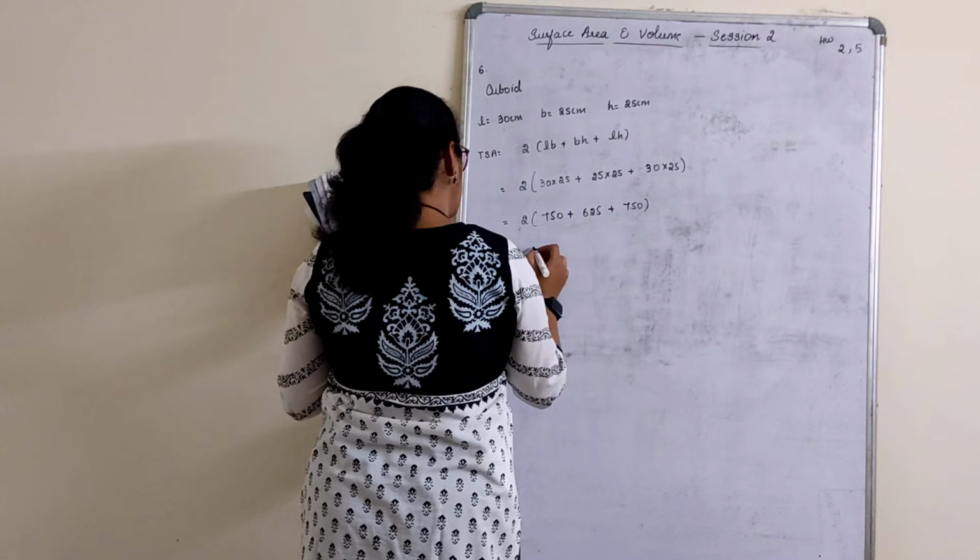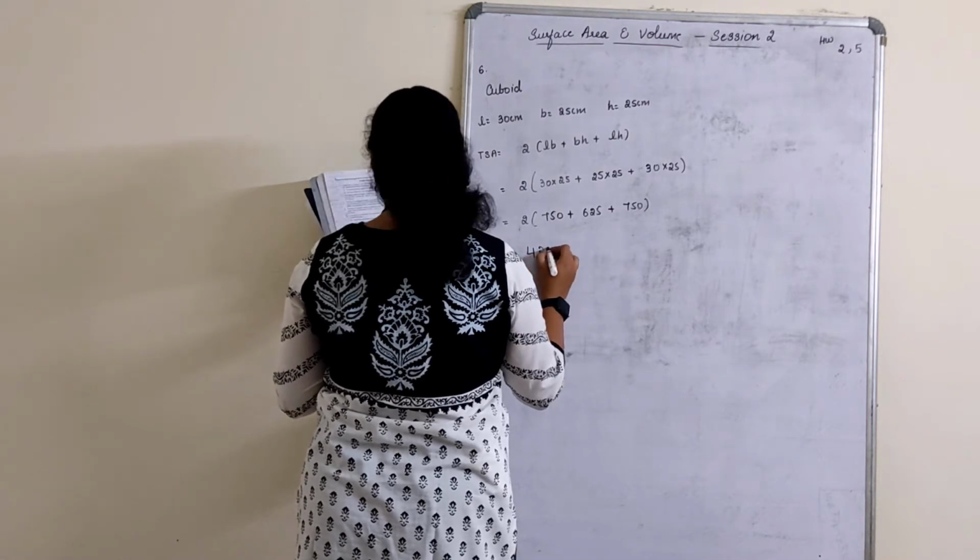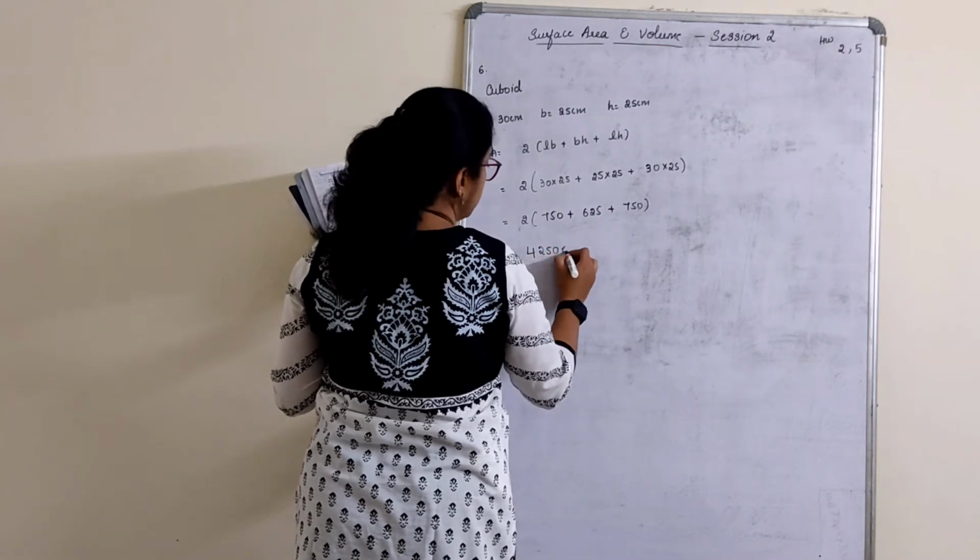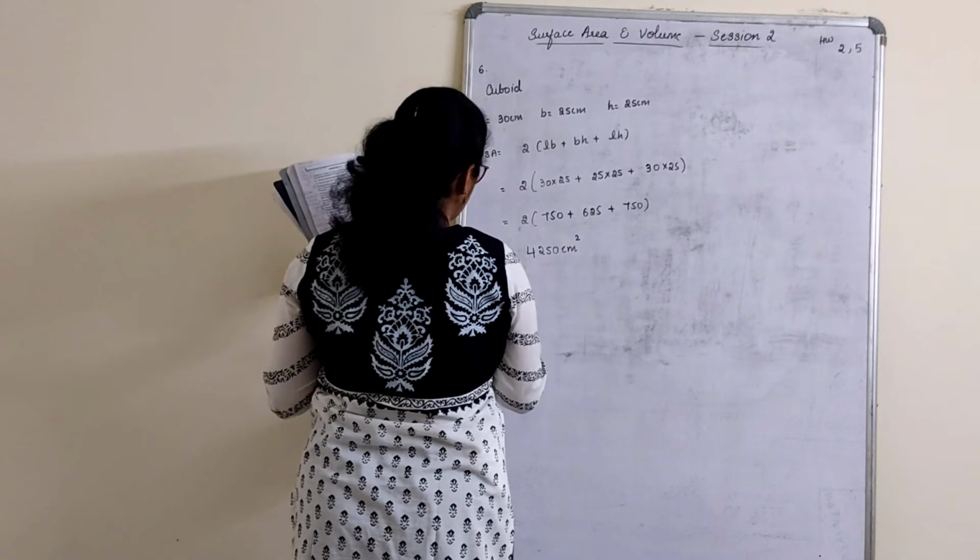So when you multiply this, you are going to get 4,250 centimeter square TSA.